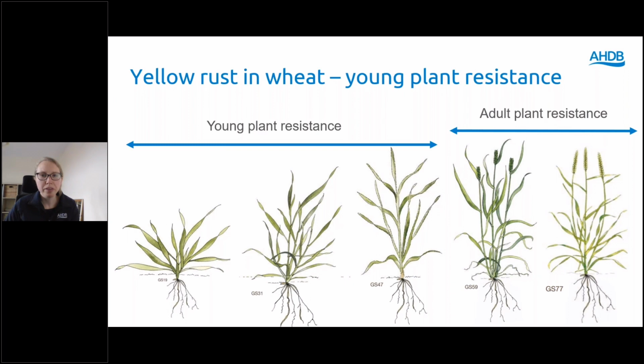At the moment, the RL ratings are based only on adult plant data for yellow rust, so that's all the data that's collected after growth stage 55. But farmers and agronomists are having to make spray decisions throughout the young plant stage up until T2. So resistance at this stage is just as important for them.